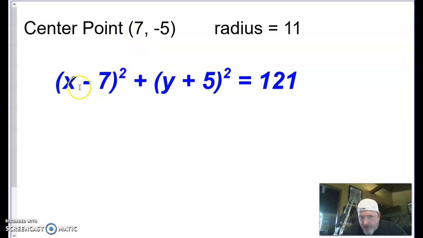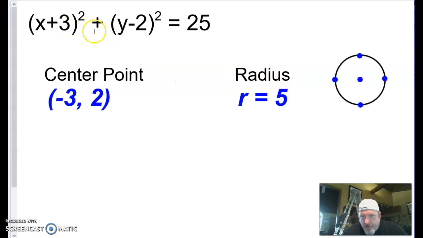Just plug and chug. So x minus h is our h value, so (x minus 7) squared. (y minus negative 5). So if you have a negative here, this will become a positive. And then our radius squared, 11 squared is 121. So given the center point and radius, we can write our equation. Again, pretty straightforward from what we've done in the past.